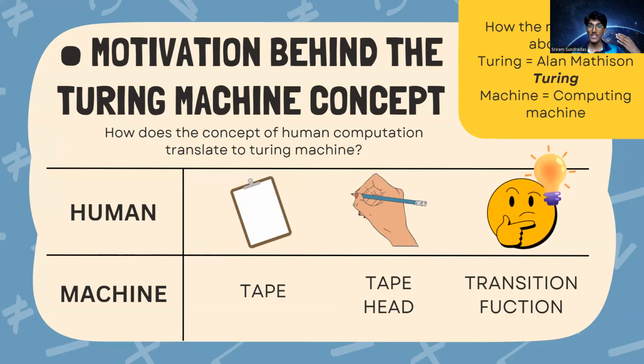And our thinking process translates to the transition function of the machine. And with this, we can understand how the name of the Turing machine came about: Turing from the name of the maker, Alan Mathison Turing. And the machine comes from it being a computing machine because we're computing a problem.